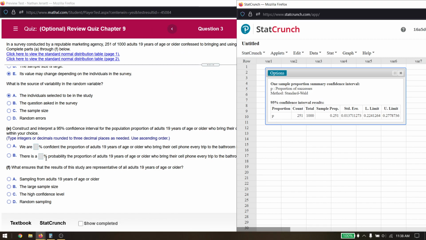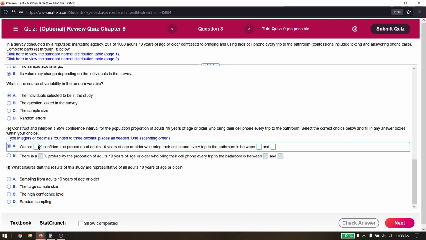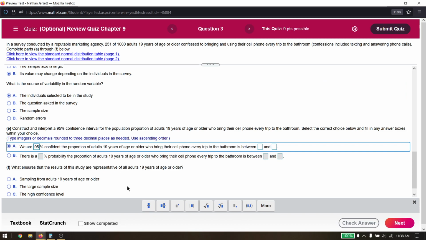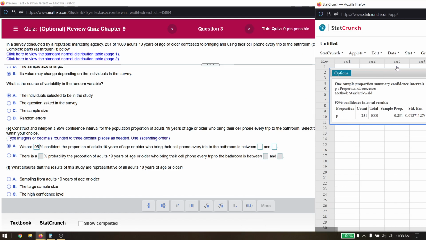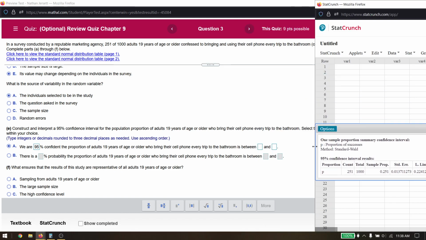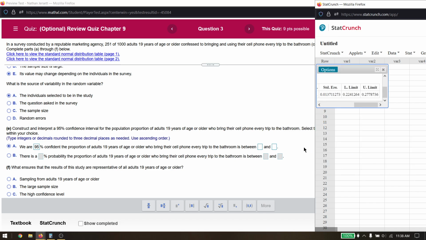Which one we're going to choose? There's not a 90% probability. We are 95% confident. It's not a probability. Confidence interval is a confidence level of your answer. 95% confident that it is between, go back to StatCrunch here, let me rearrange this a little bit.